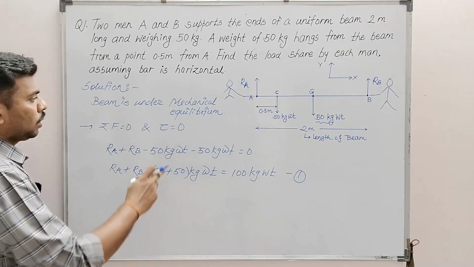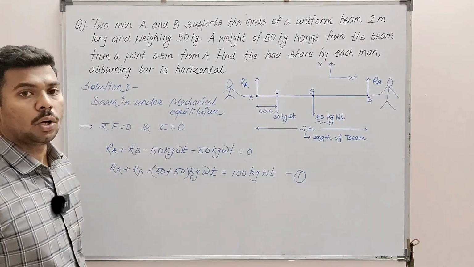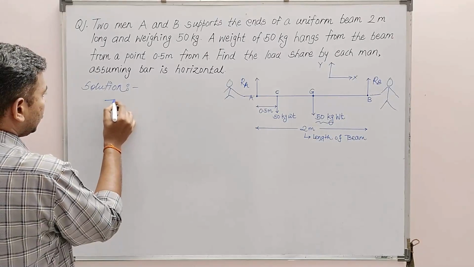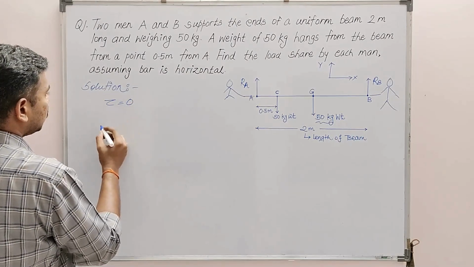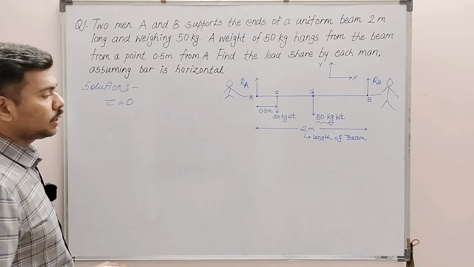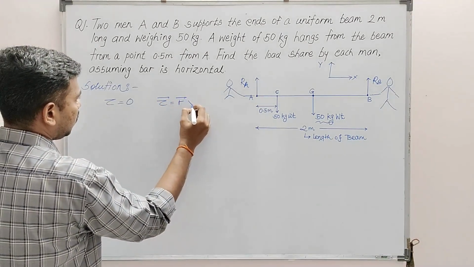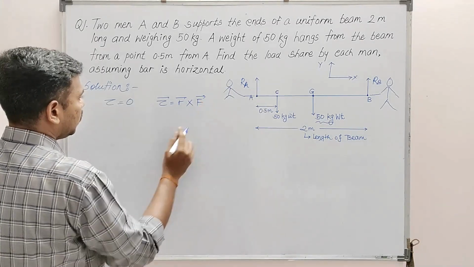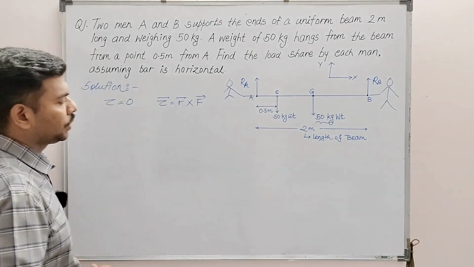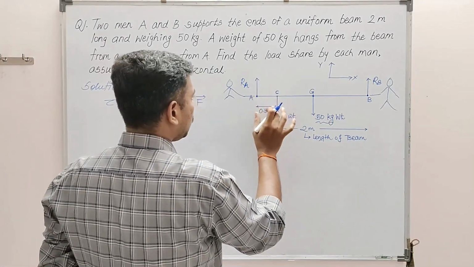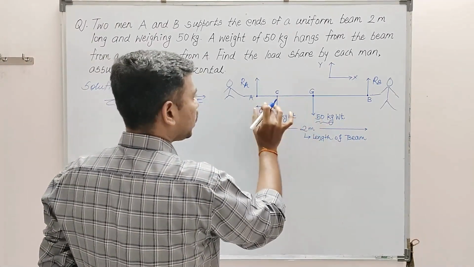Now we will go for next, that is total torque on the system is said to be 0. Now the next condition is net torque is 0. As we know, torque is a vector, then the general formula for torque is R bar cross F bar. Now torque has a specific direction. Now in this system, we are going to apply torque on any point or any location.